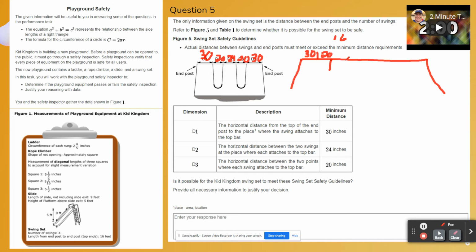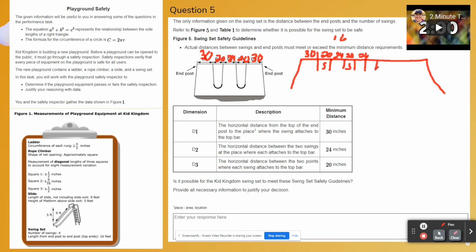And then we have a D2 section, which would be 24. Here's a swing right here. Then we have another swing, which would be 20. Then we have another section that needs to be 24.